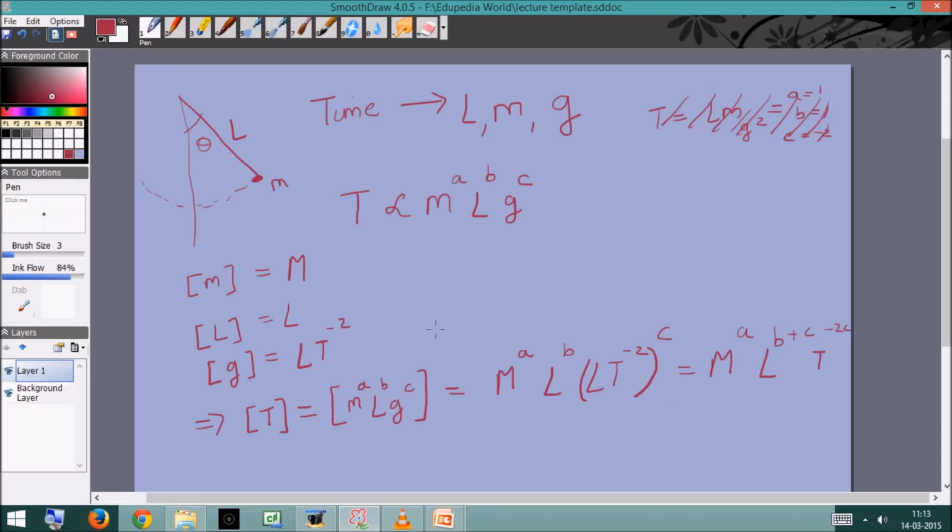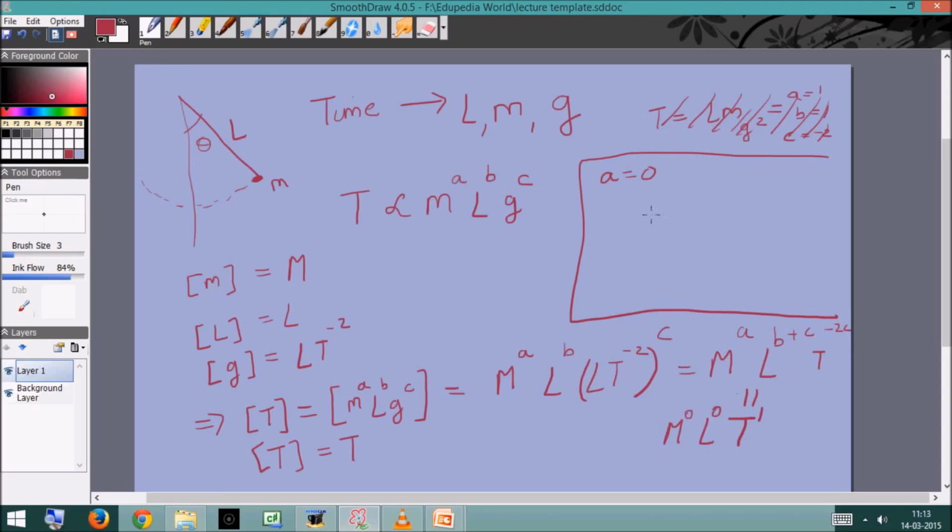But we also know that the dimensional formula for the time period is simply T. So this has to be equal to T. If this is equal to T, then we get three equations for the three unknowns. We know that a has to be equal to 0, because if we say this is equal to T, what we are saying is this is equal to M to the power 0, L to the power 0, T to the power 1. So a is 0.